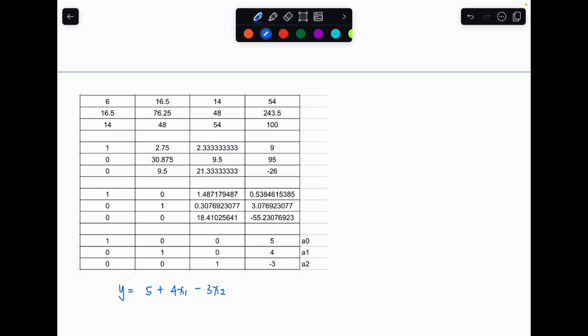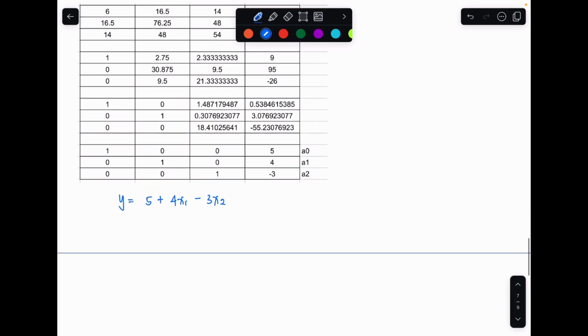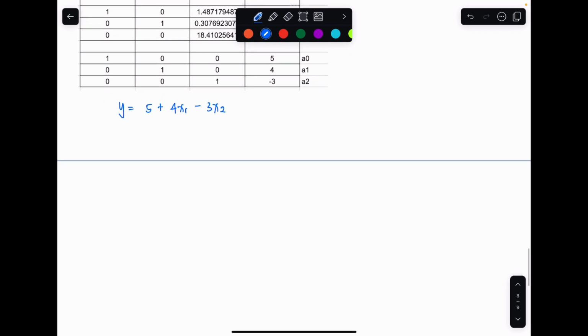But if we are going to compute for the R, the correlation coefficient, we need to find first the coefficient of determination, R squared. So that is the residual.